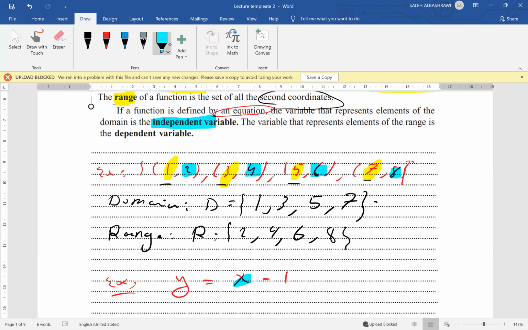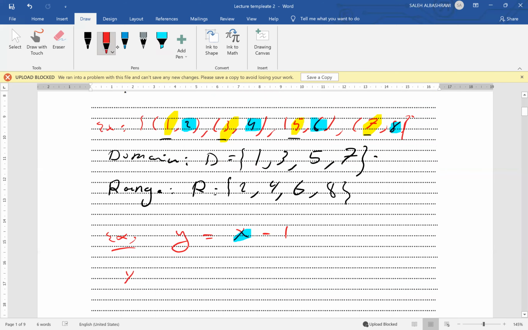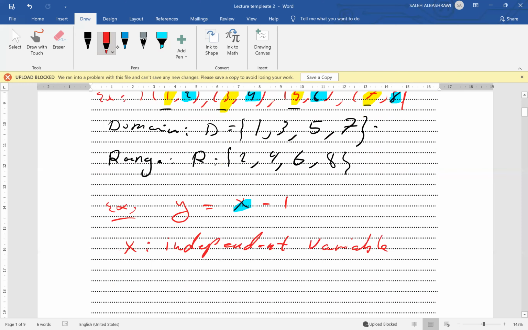Independent means I can give x any value. I can choose or substitute x by any value. But y, I cannot choose it. That will be given directly from the equation. That's why we call x the independent variable, and y we call the dependent variable.